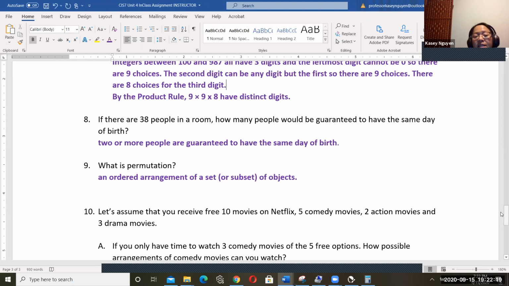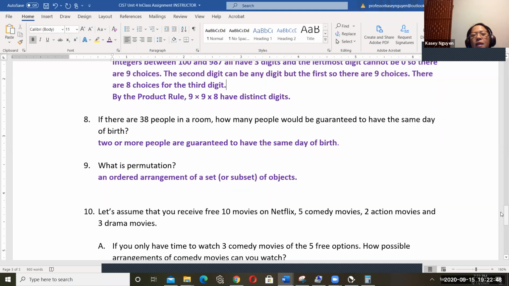Now, if you have 18 people in the room, that's not guaranteed, based on Pigeonhole Principle. Even if you have 28 people in the room, that's not guaranteed either, because if you're looking at February, that will be 28. But when you're looking at leap year, that's 29 days for February. And then you have some months that will have 30 days and some months that will have 31 days.